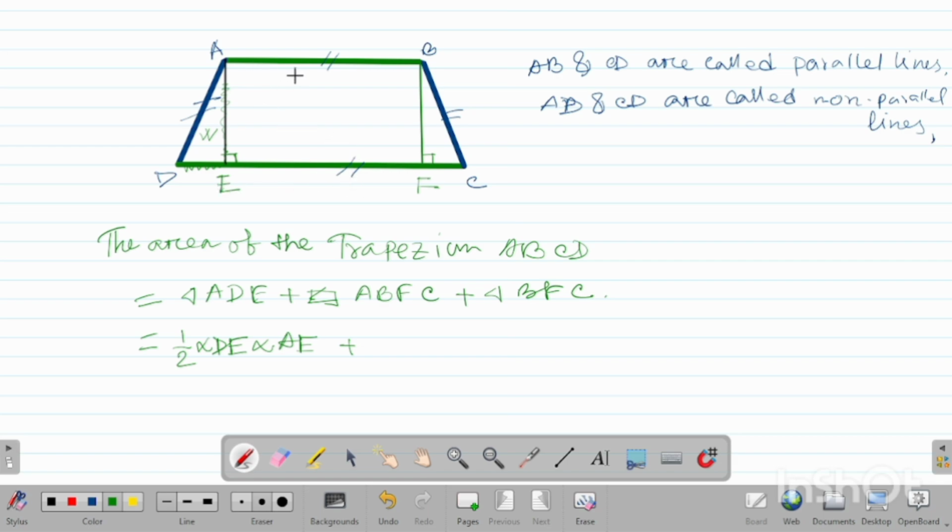That's why the area of ABFE would be AB multiplied by AE, and the area of BFC would be half of base FC multiplied by height BF.